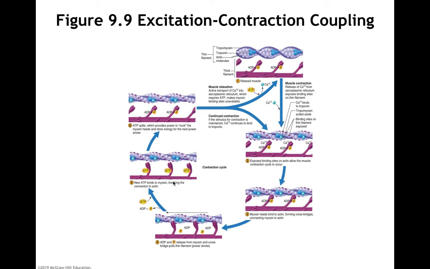Let's start right here with a relaxed muscle. In a relaxed muscle on the myosin we have ADP, and the actin binding sites are covered by tropomyosin held in position by troponin. When you get an electrical signal, calcium is released from the sarcoplasmic reticulum. Those binding sites open up.